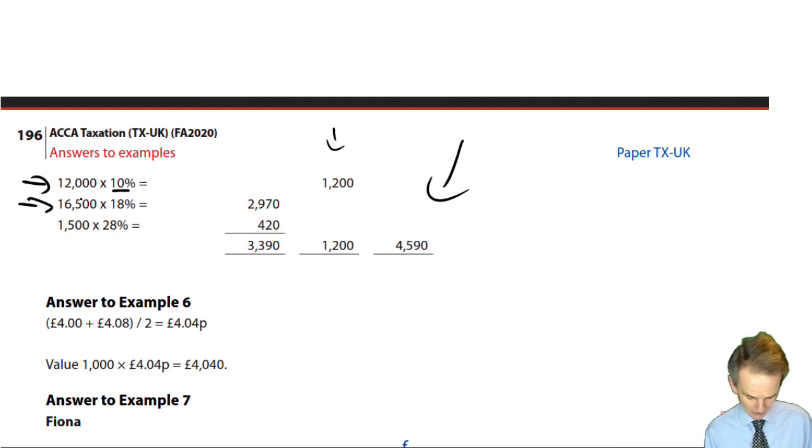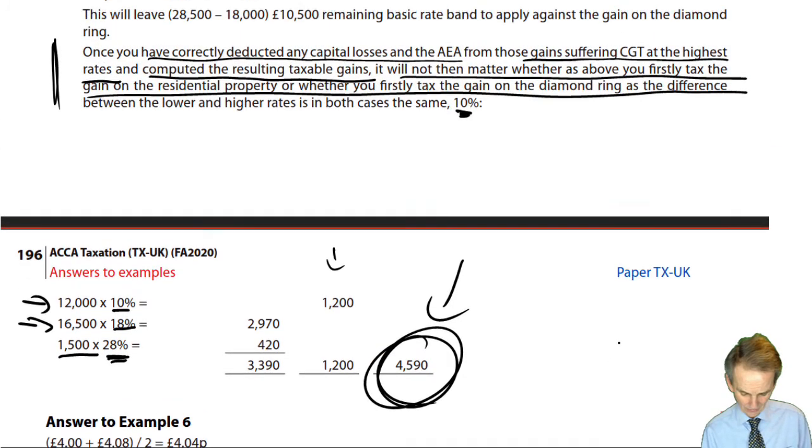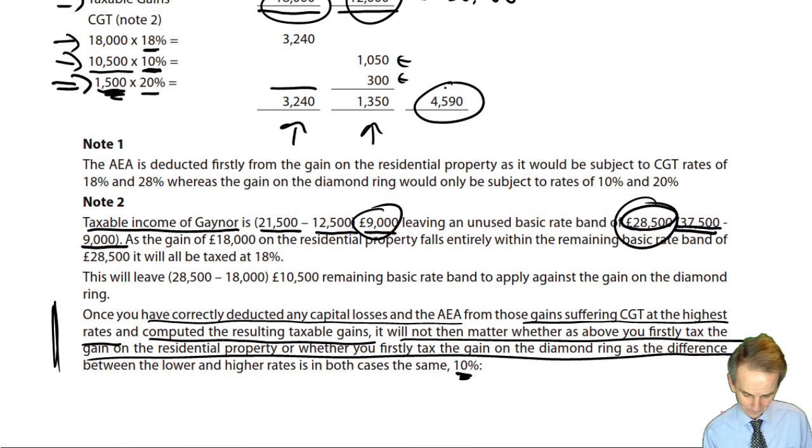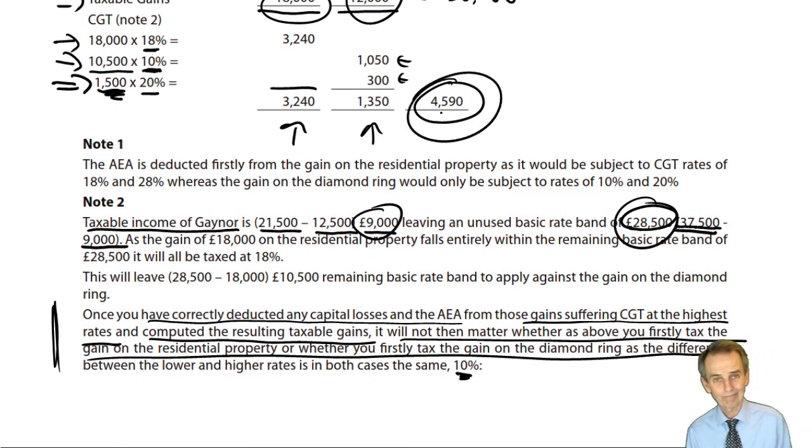It's in the basic rate band, so that's 18%, and the self-same 1,500 as we had before, pushed up into higher rate, goes up from 18 by a difference of 10% up to 28%. Do your calculations and see what you get. 4,590. It doesn't make any difference, so it isn't anything to worry about.